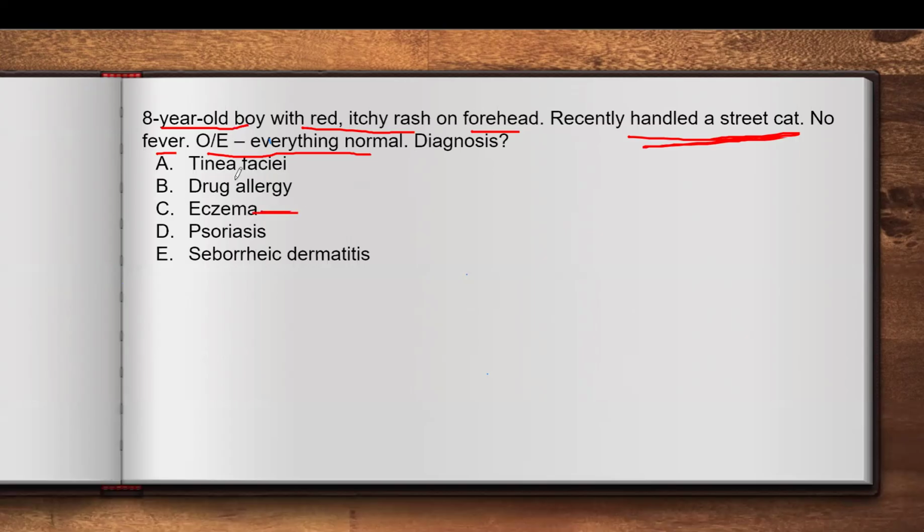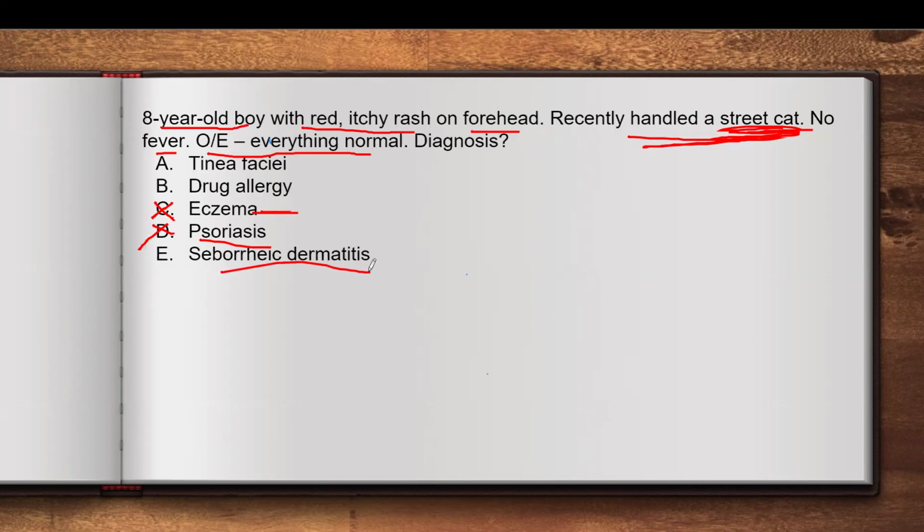We have an itchy rash just on the forehead, so eczema is less likely here. Similarly, psoriasis is on the elbows and usually has a silvery, scaly appearance. It is not an itchy rash just on the forehead. Also there is an animal handling history, so psoriasis is also less likely.